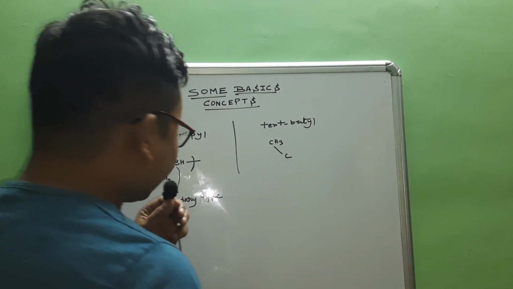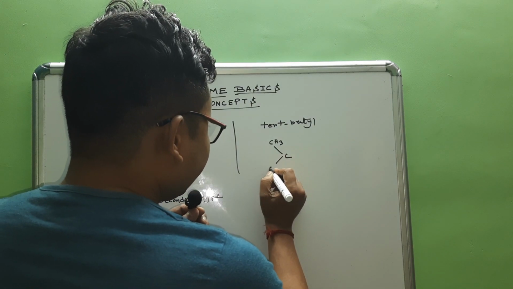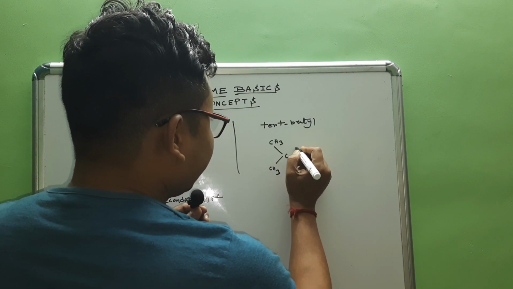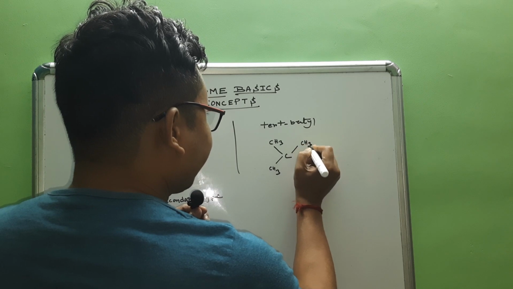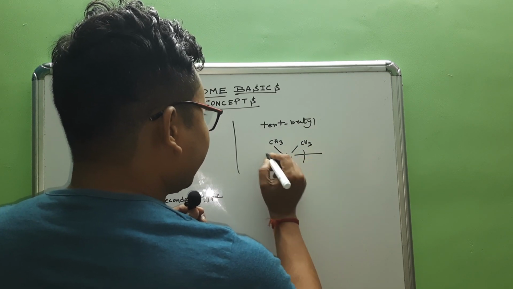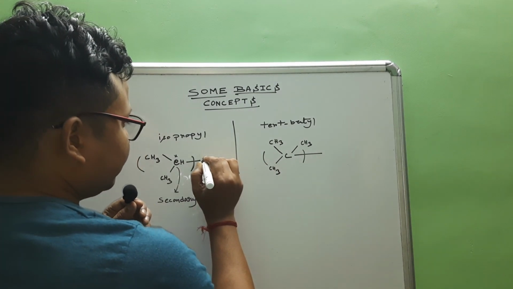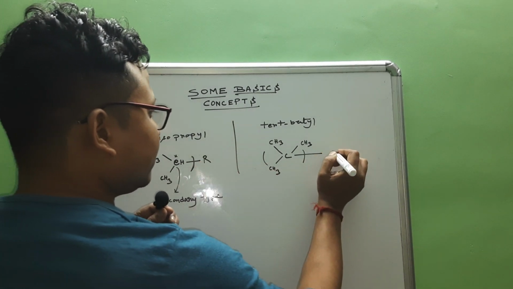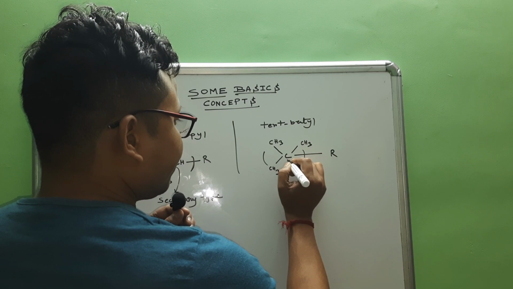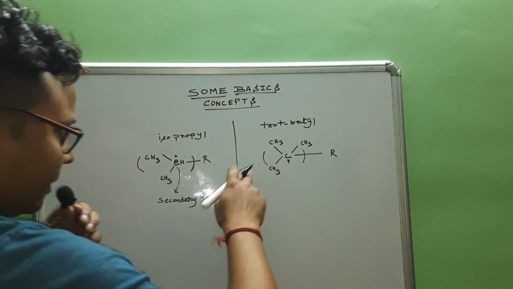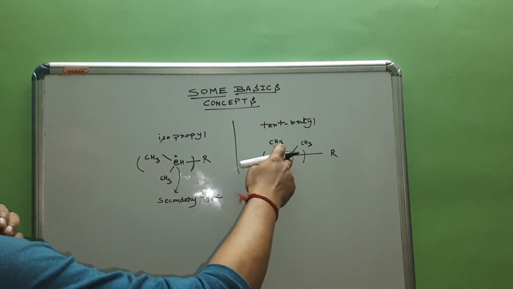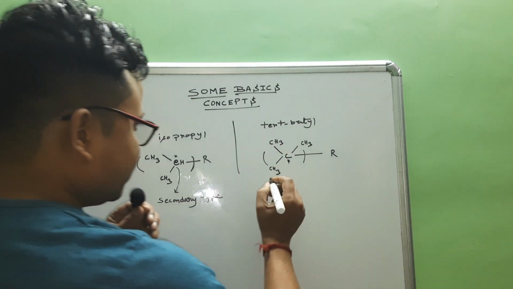So what is the tertiary butyl? This is tertiary butyl. Look, this carbon atom does not contain any hydrogen atom directly attached to it. So this is tertiary type.